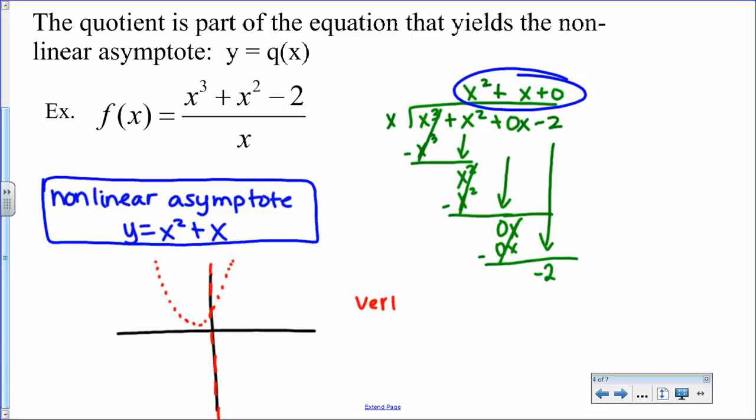when it's in standard form. There's that little equation, opposite of b over 2a. So b is 1, so -1 over 2. A is 1, so 2 times 1. That's -1/2. That's your x coordinate of the vertex.